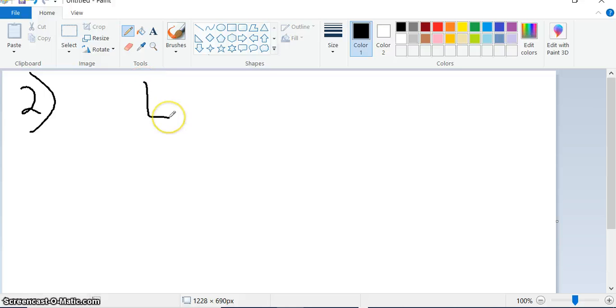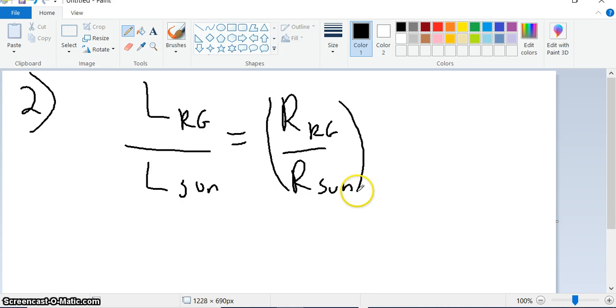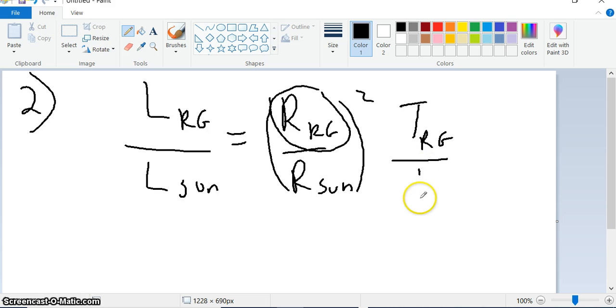The luminosity of the red giant divided by the luminosity of our sun, because that's the star we know the best, is equal to the radius of the red giant divided by the radius of the sun, squared. Remember, what we're really looking for is the radius of the red giant, so we're going to solve this for that. Then the temperature of the red giant, which they gave us, divided by the temperature of the sun.